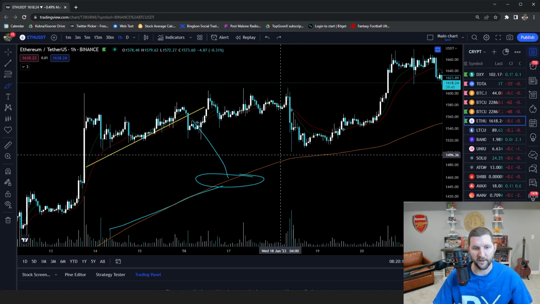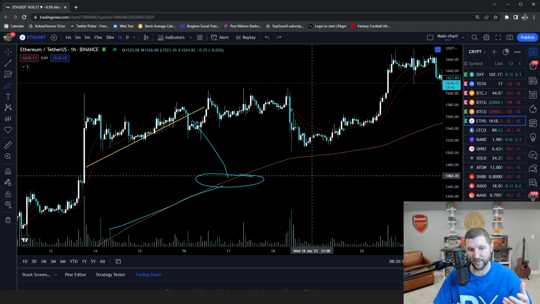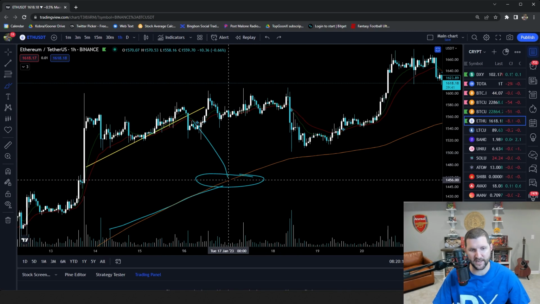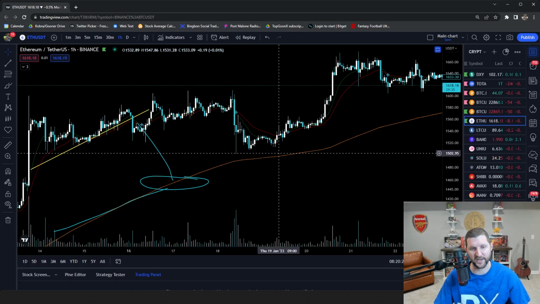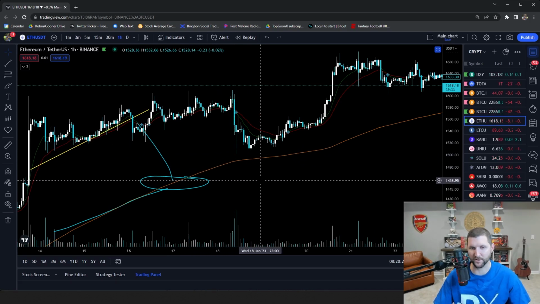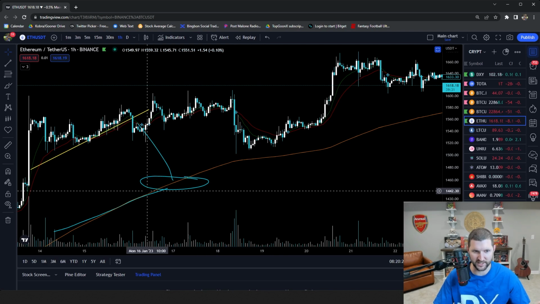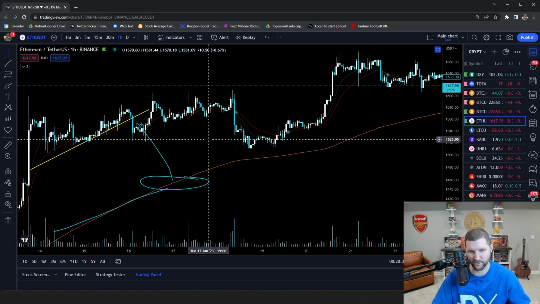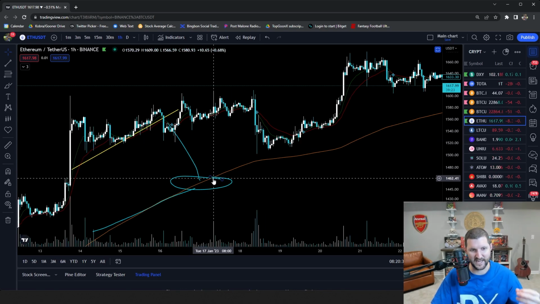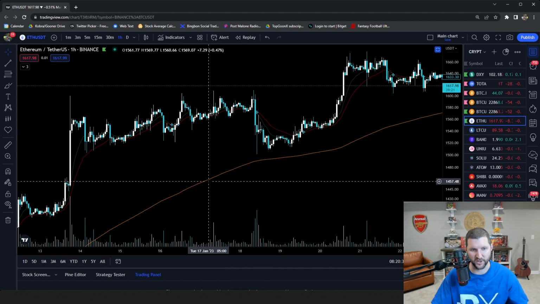So that's one thing because a lot of people just go, oh, okay, breakdown at this level, it's at 1455. And then what they don't realize is that this support's moving up and it could actually bounce at that support level or that EMA level early because again, EMAs are an average of the previous however many candles. So if you have 100 EMA, this is the average price of the last 100 candles.